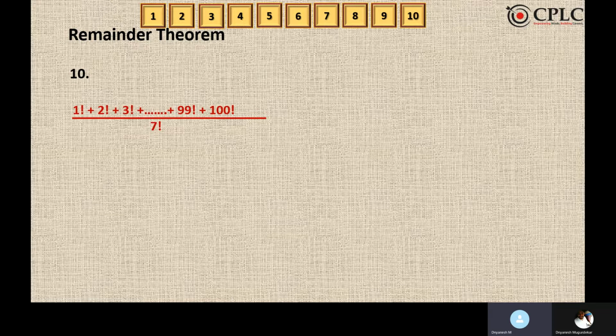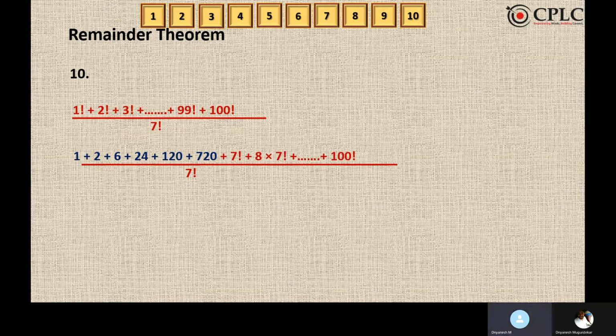And from 8 factorial onwards, you can write 8 factorial as 8 into 7 factorial, 9 factorial as 9 into 8 into 7 factorial, and so on. So every number from 8 factorial onwards can be written as a multiple of 7 factorial, including 100 factorial itself.